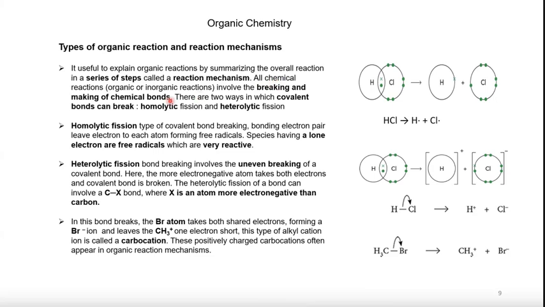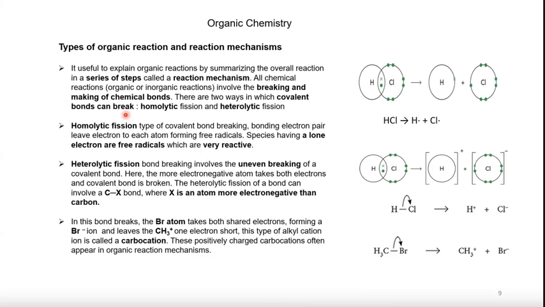All chemical reactions, whether organic or inorganic, involve breaking and forming of chemical bonds. First, bonds are broken and then formed again. There are 2 ways in which covalent bonds can break.